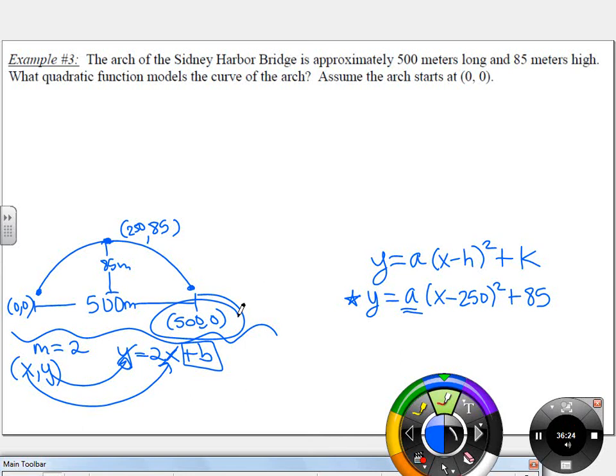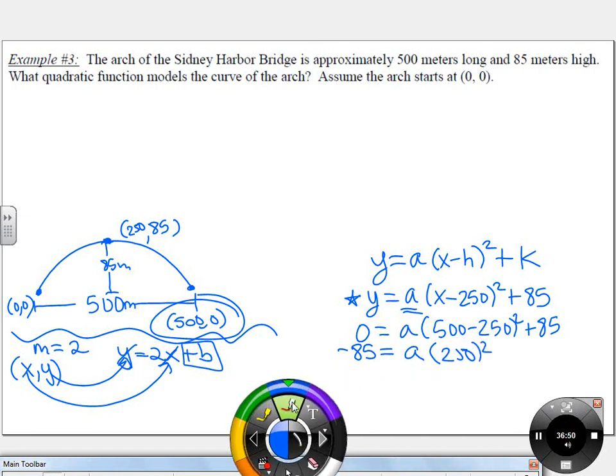But the idea is if we know some other point, we can plug in that other point. And it doesn't have to be a special point like this one is. It doesn't have to be the solution. And we can finish solving this problem now to find the a value. Okay? So I don't know.